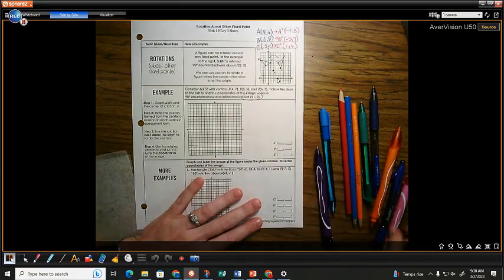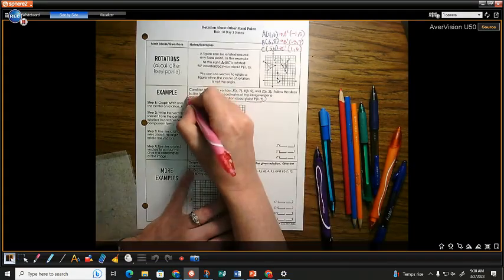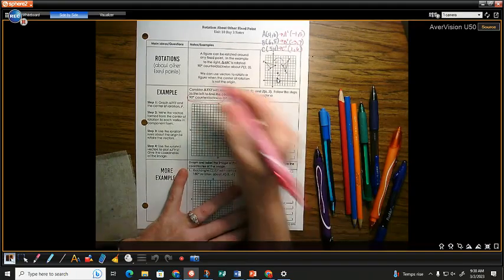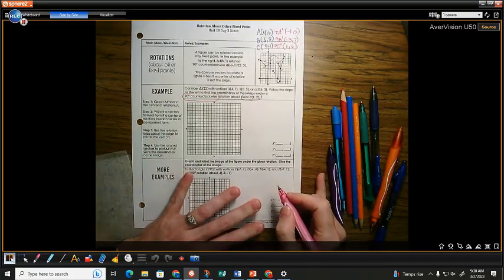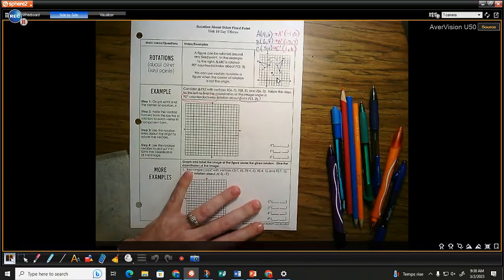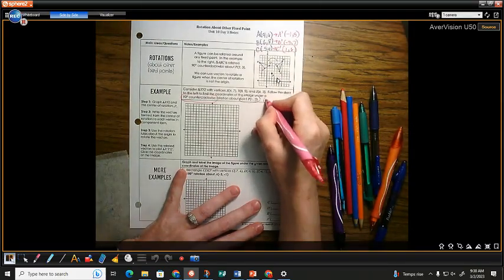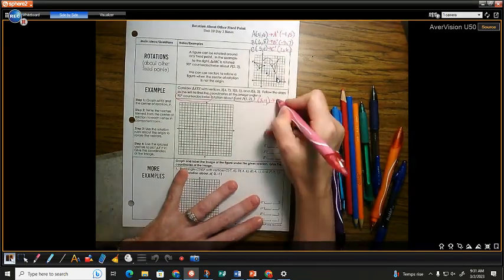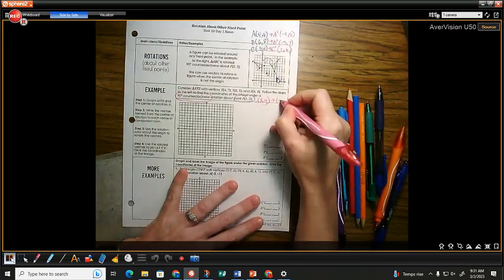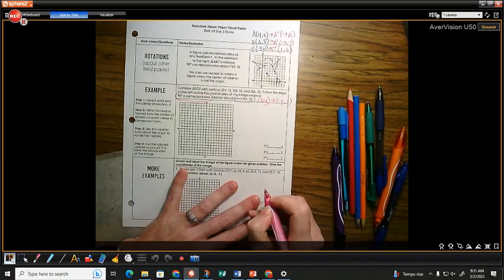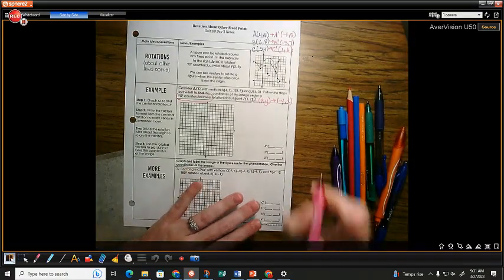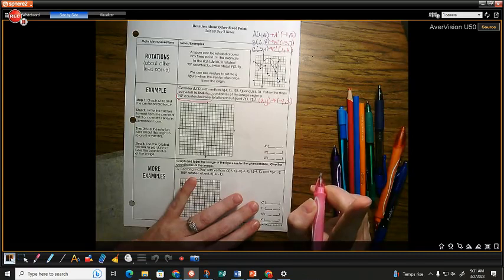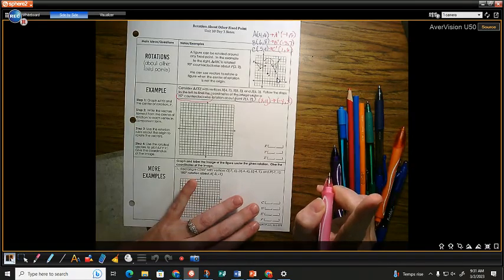No. But I know how far I need to go. I need to go 90 degrees counterclockwise. What is my rule for 90 degrees counterclockwise? It's negative y, then x. I can't use it on my points, but I can use it on my vectors.